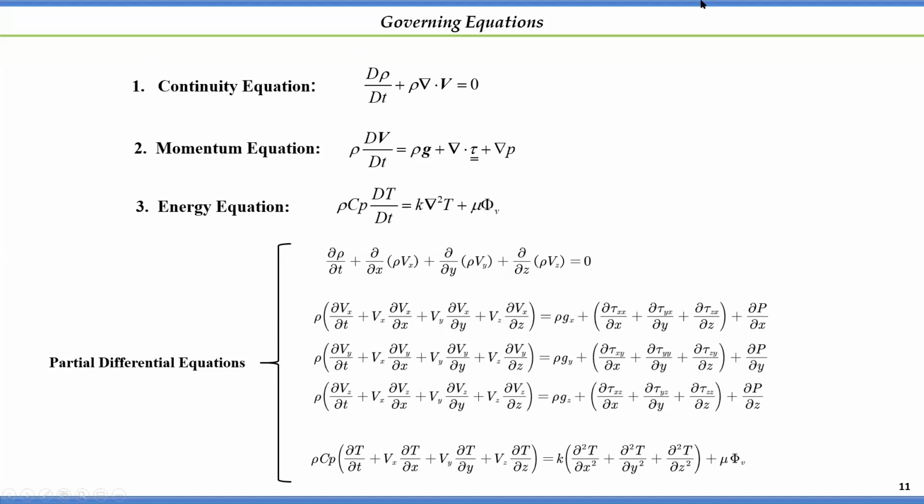Now, these equations are applicable to any kind of fluid. That means irrespective of the type of fluid, you are able to solve these equations. But what makes the equations very specific to a particular fluid? This is the stress tensor, because it takes care of the constitutive relation between shear stress and shear rate for any fluid.